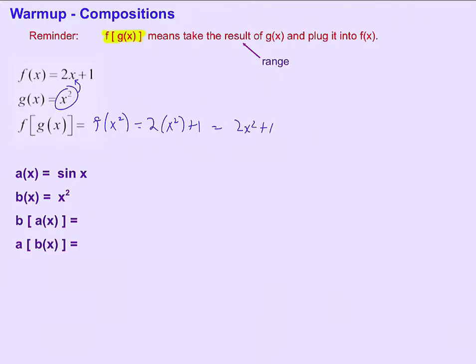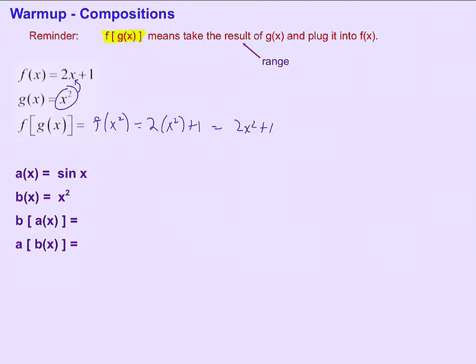That's the main idea. It is really important to note that there's a difference between f of g of x and g of f of x. The order that you do the functions really does matter. For example, if a of x is sine of x, and b of x is x squared, the order that we compose those two functions really matters.